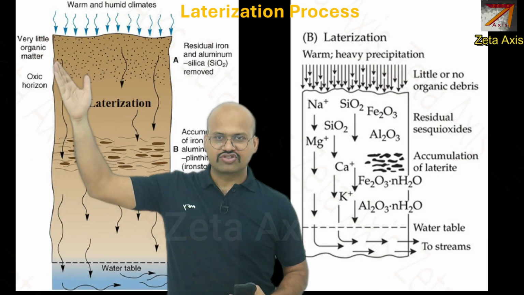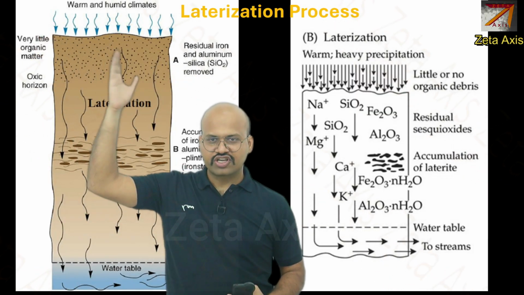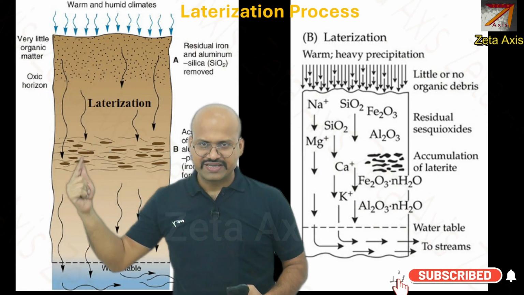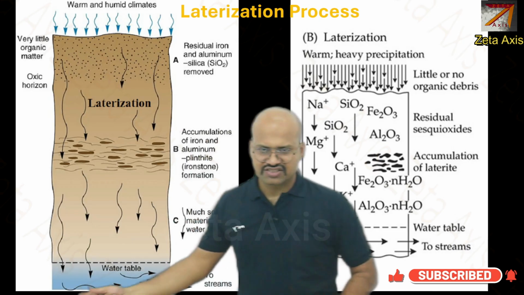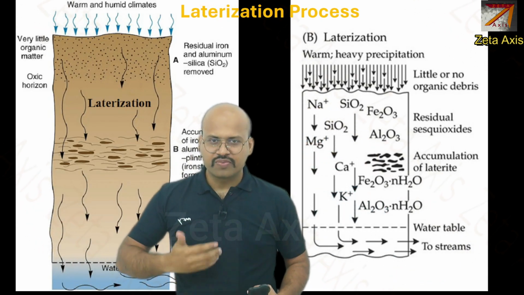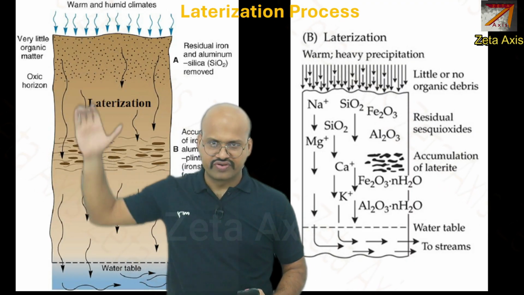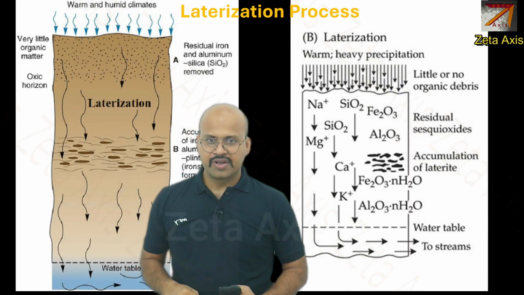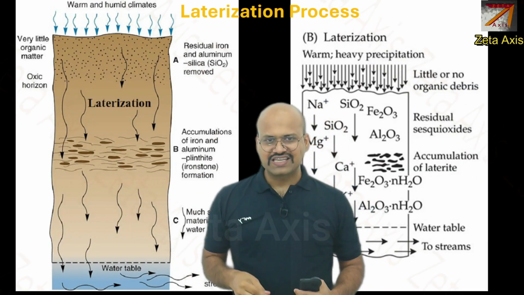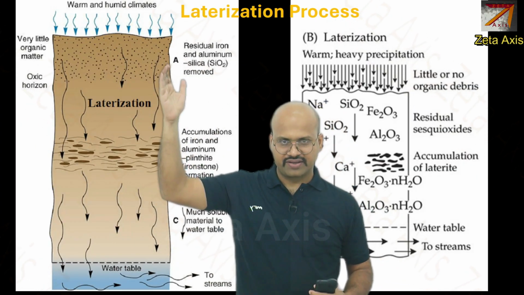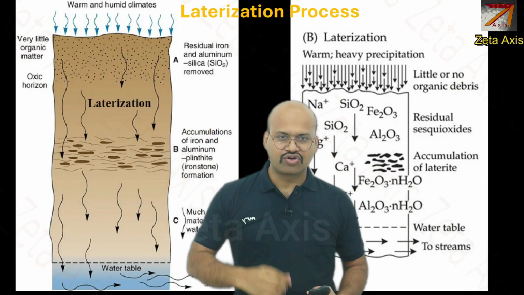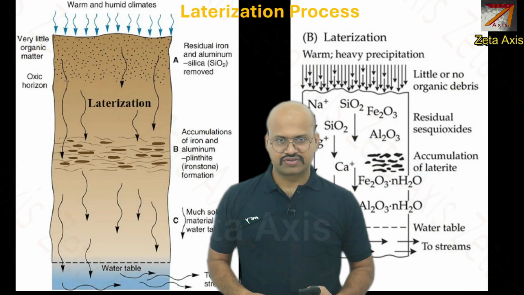The elements or compounds which are water soluble dissolve in the water, and as the water moves into the deeper parts of the soil layers and reaches the water table, the compounds which are soluble in water are also removed from the soil layers. But elements like iron and aluminum, which are not very easily soluble in water, remain. And therefore, over time, this soil will have a higher amount of iron and aluminum compounds.